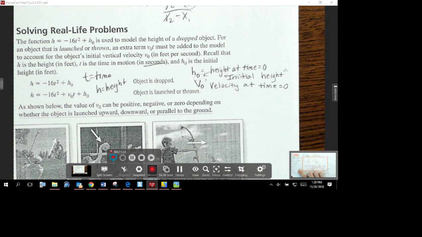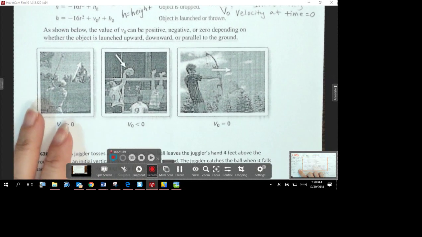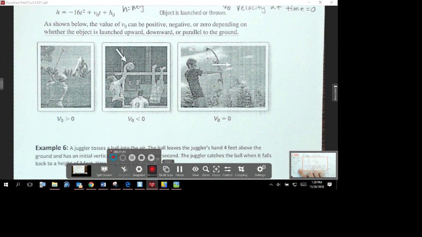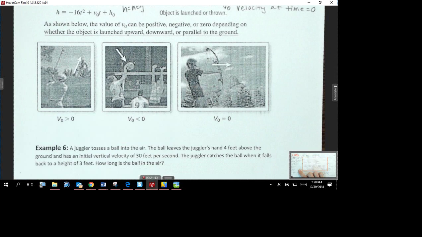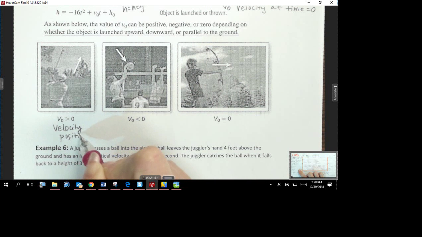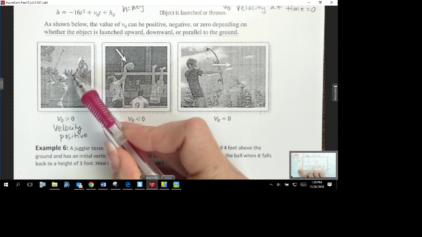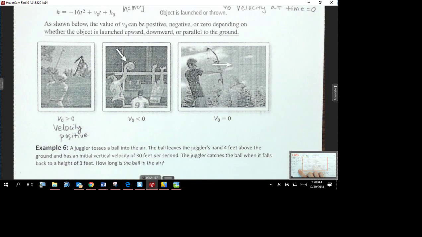And then there's another thing that talks about velocity, where down here these three pictures are a little bit hard to see, they're in color in your book. If the velocity is greater than 0, if the velocity is positive, here's an example: somebody's hitting a golf ball and it's going up. If the velocity is positive, the object is thrown up.